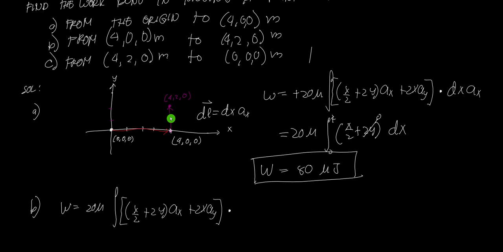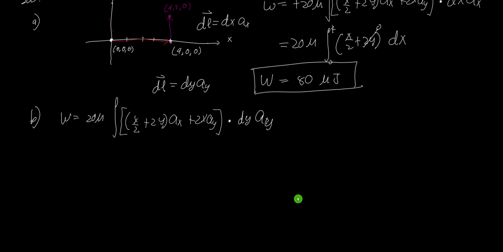We have the length just in the y direction. DL is going upward. So our DL for letter B will be just equal to dy ay. Why? Because we only have the y direction. It goes up, just going up, and that's the direction of ay. So it's just dy ay.